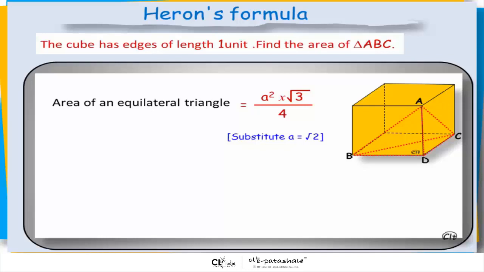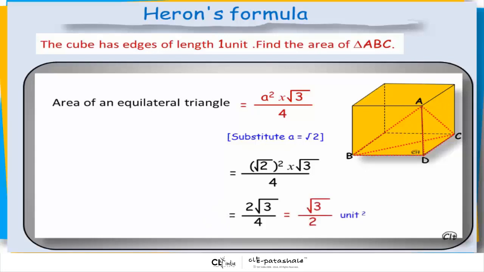If we substitute a for square root of 2, we get the area of the equilateral triangle ABC equal to square root of 2 square multiplied by square root of 3 divided by 4, which is equal to 2 multiplied by square root of 3 divided by 4, or square root of 3 divided by 2 square units.